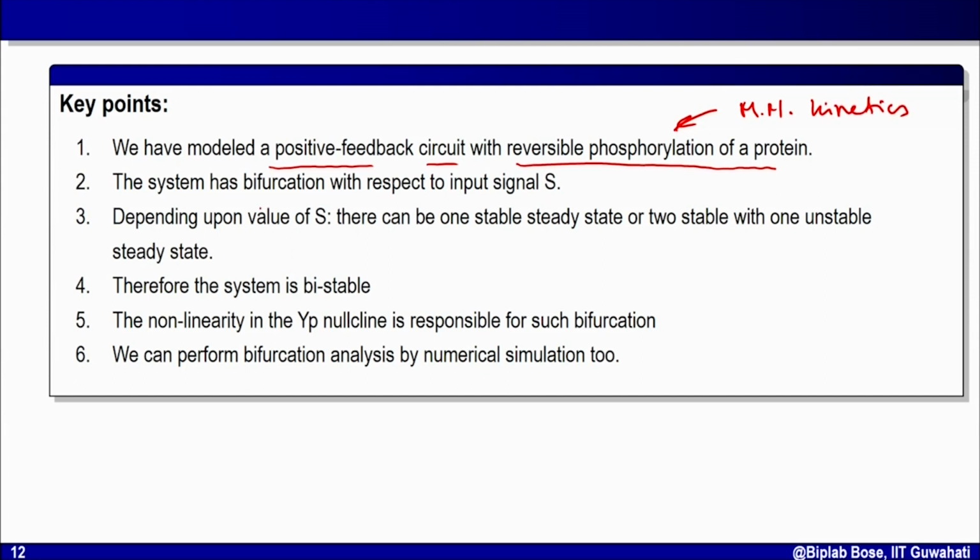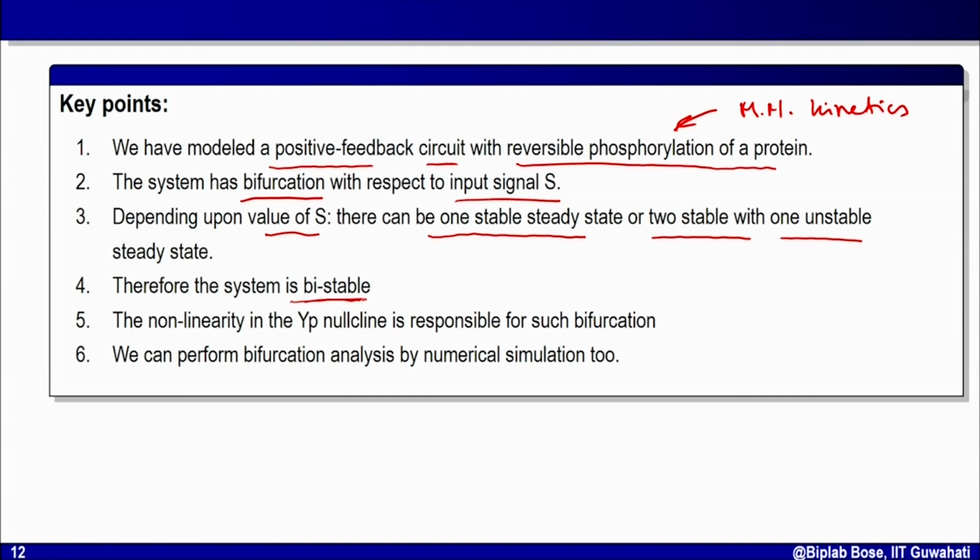We have shown the system has bifurcation with respect to the input signal S. Simple nullcline analysis shows that, and numerical analysis also shows that. Depending on the value of S, you can have two situations. One, you have one stable steady state, or you have a situation where you have two stable steady states and one unstable steady state. Therefore, the system is actually bistable in that region.